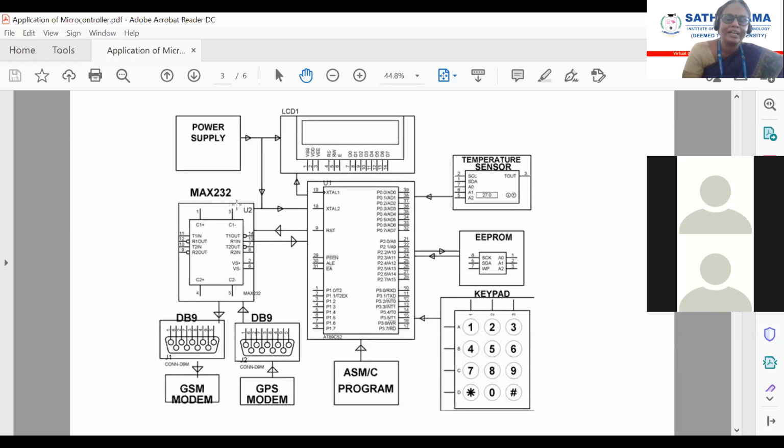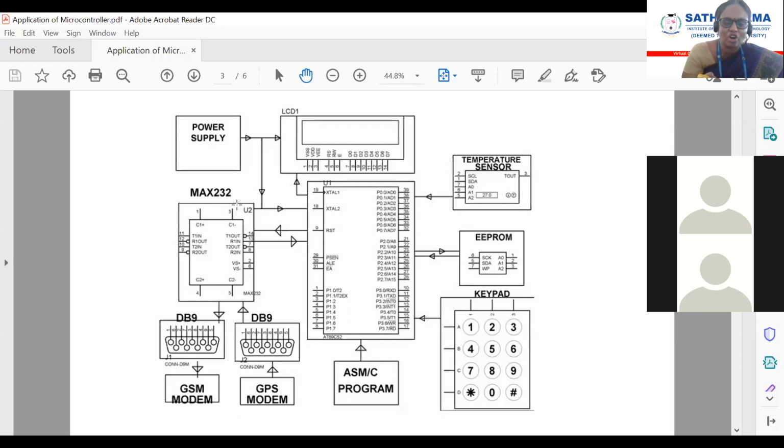When an accident happens, they will fix one sensor in the vehicle. If it goes beyond a particular stress or strain, it means the vehicle was hit somewhere, and the driver has to be protected.